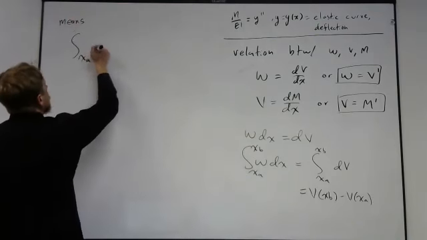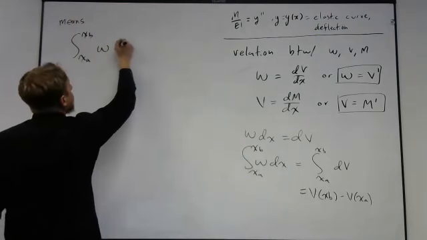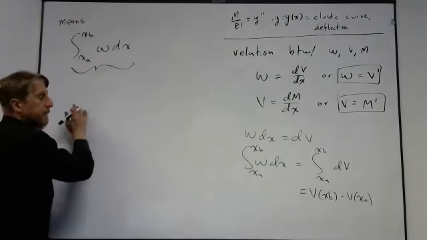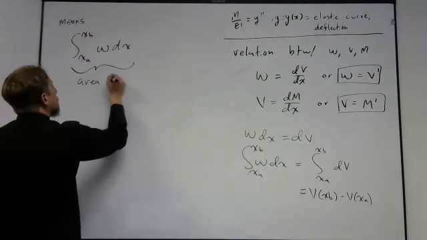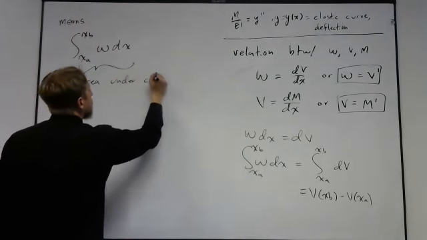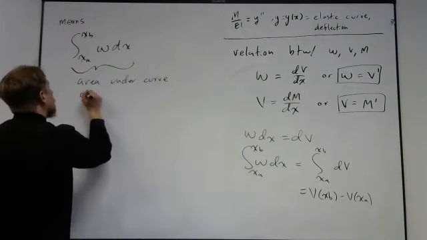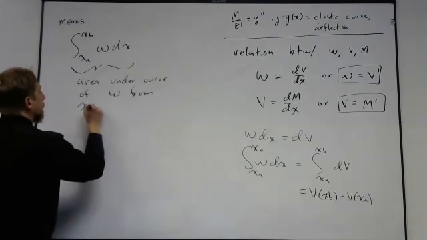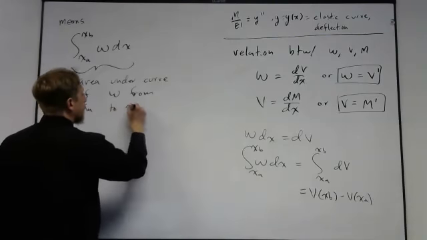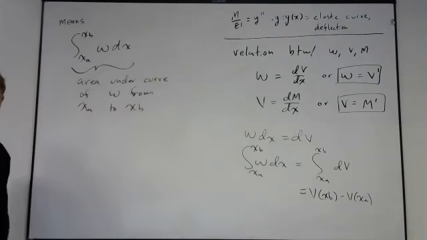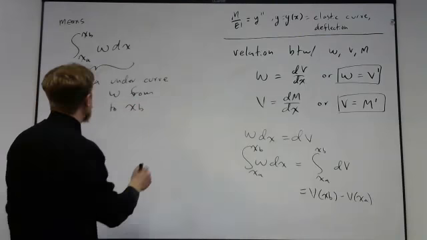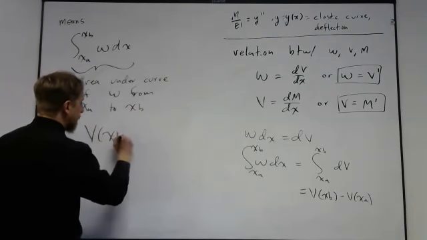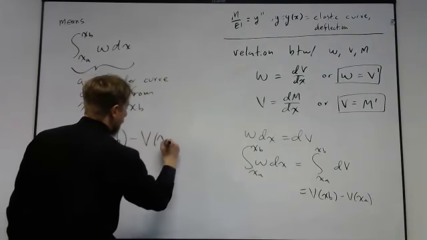Let's just write that out. Integration is nothing but area under the curve of W from XA to XB, i.e. the area between two points, is equal to V at XB minus V at XA.